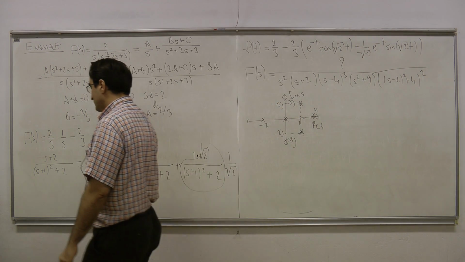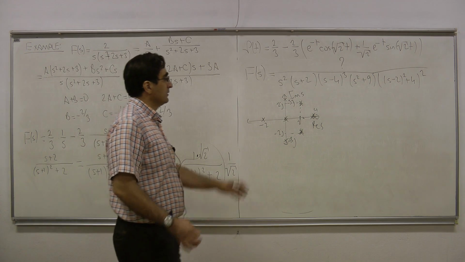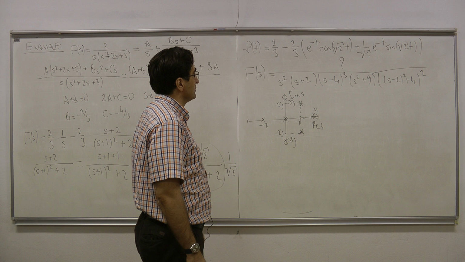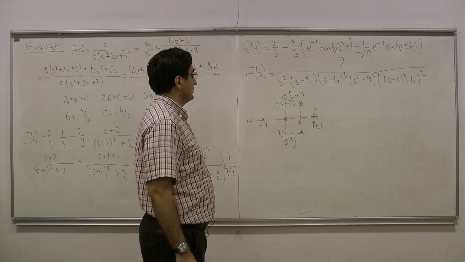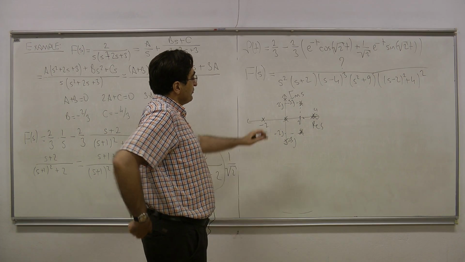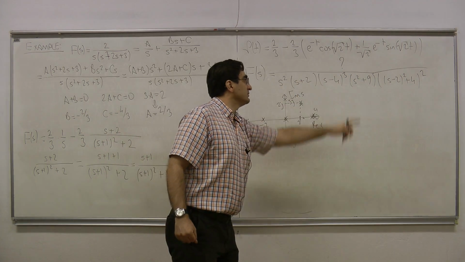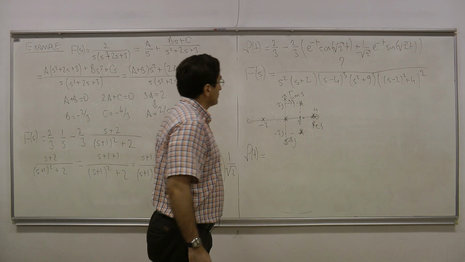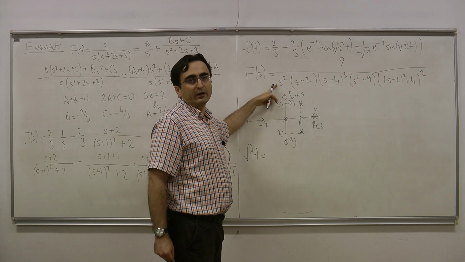It's quite complicated, but this gives me the idea of what type of time functions I'm going to have in the inverse Laplace transformation here. So the first thing, I will go in the order that I write these terms here. f(t) is going to have the following terms. There is an s squared here.